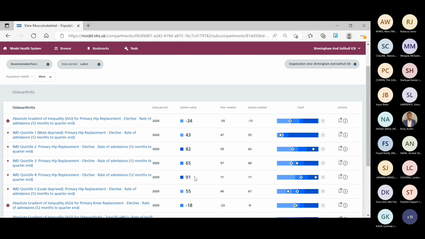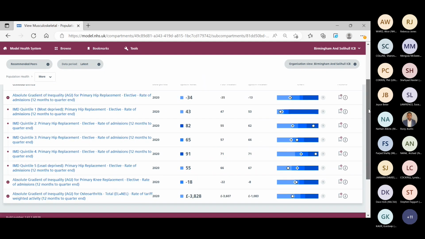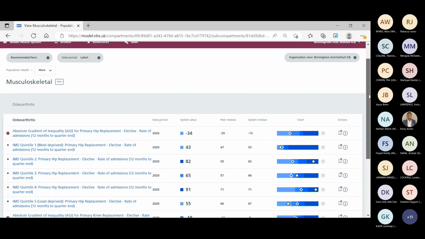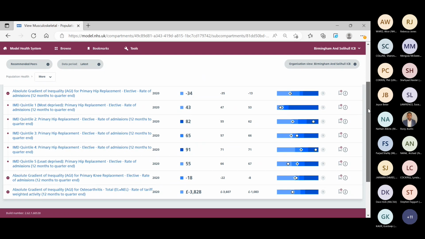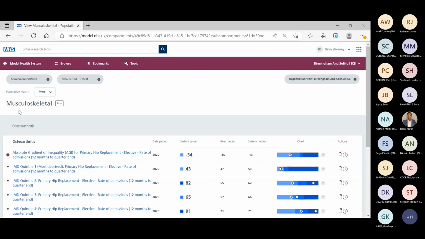Again, as a reminder, that's age-sex standardized. You'll notice it drops off in quintile 5 by quite a large amount, which might possibly be down to patients going private. We've got those metrics for hip and knee replacements, and also for the total spend on admissions for osteoarthritis.